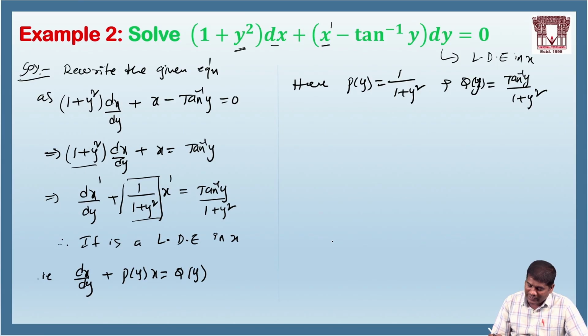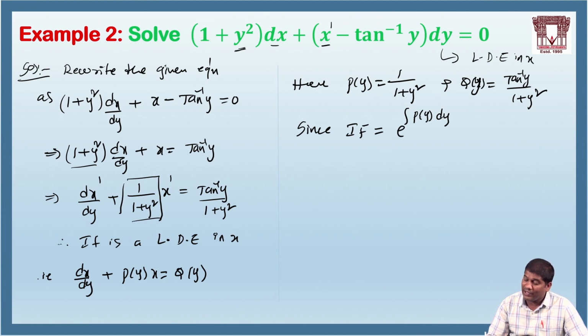Now we are going to find its integrating factor. The integrating factor formula is e to the power integral of P(y) dy. In the previous example, we wrote the integrating factor as e to the power integral of P(x) dx, since that differential equation was in y.